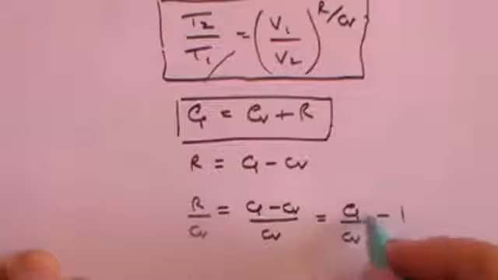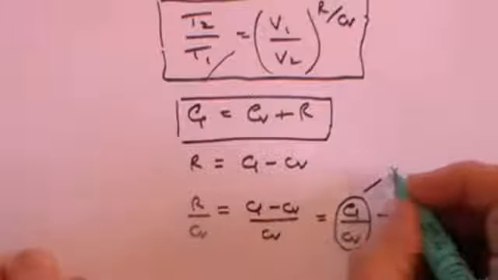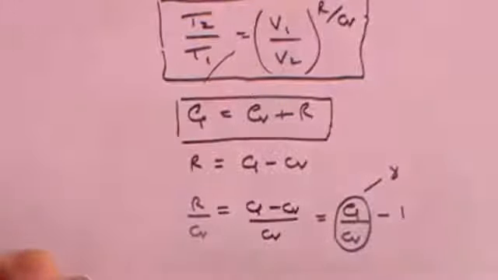Let's call Cp over Cv gamma, just to save a bit of space. So R over Cv is gamma minus 1.